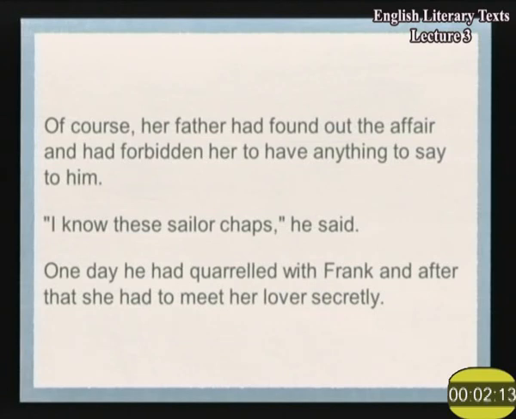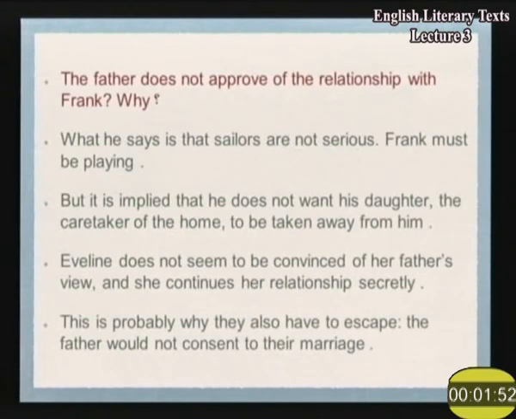I know these sailor chaps, he said. One day he had quarreled with Frank, and after that she had to meet her lover secretly. The father knows of the love affair, and he does not approve of it. We can think the father does not approve of the relationship with Frank.